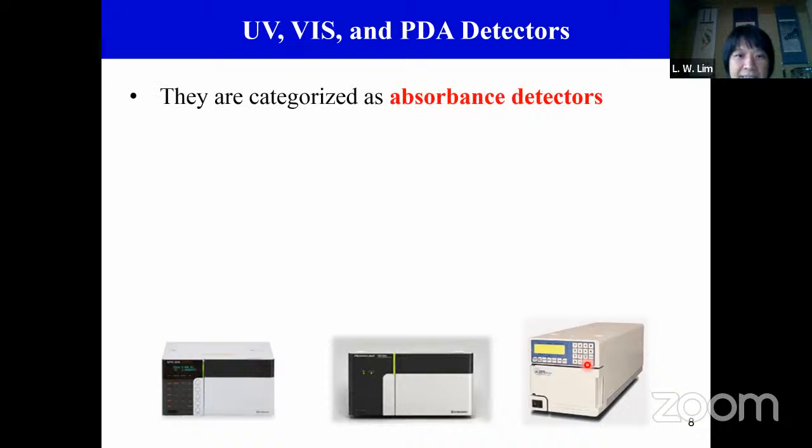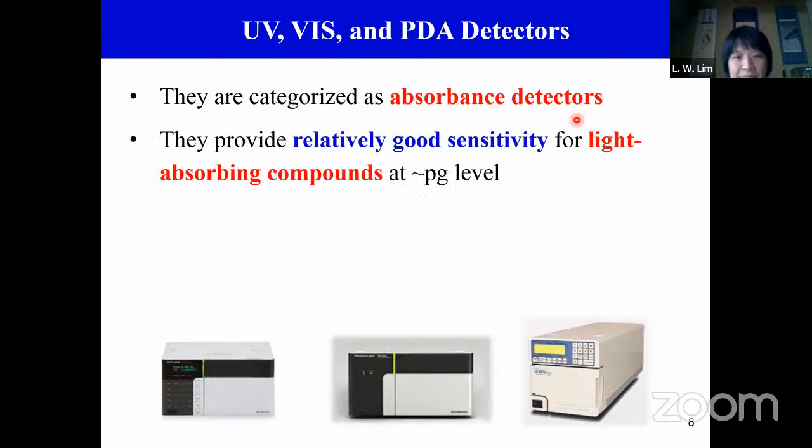Anyway, the first category, the easiest detection, is what we call the absorbance detectors. Meaning that whatever we detect with light, like UV, the sample will absorb something, and that's why we call it the absorbance detector. The second point is they provide relatively good sensitivity for light-absorbing compounds.